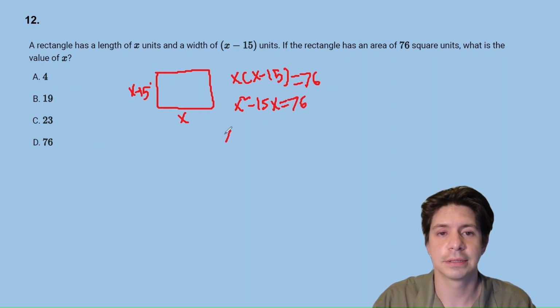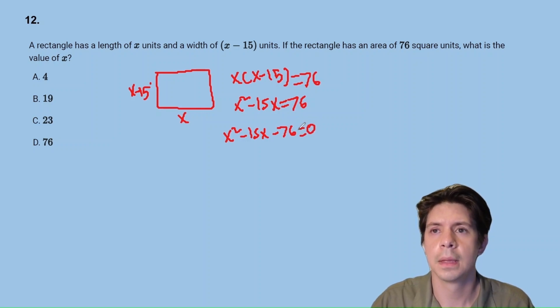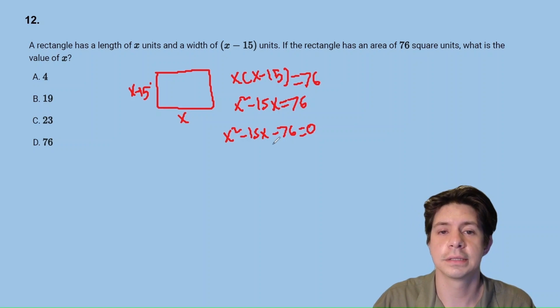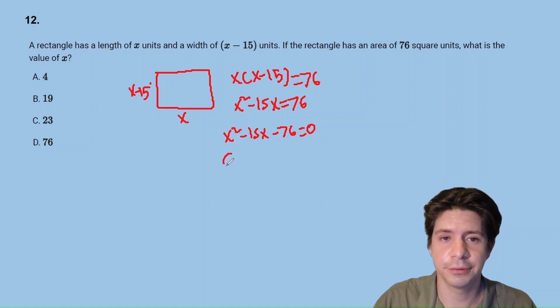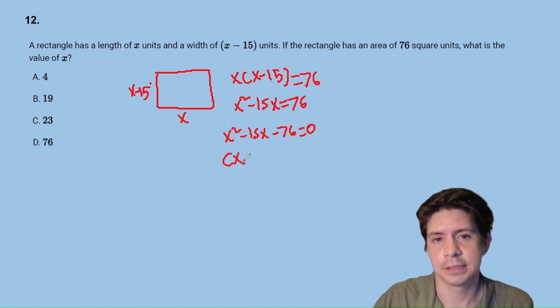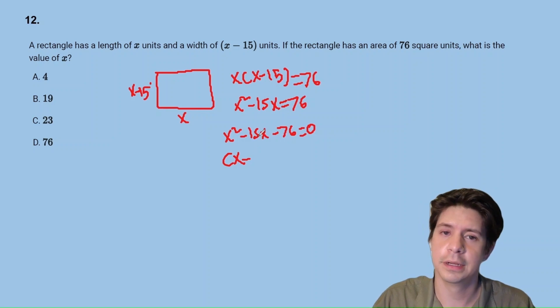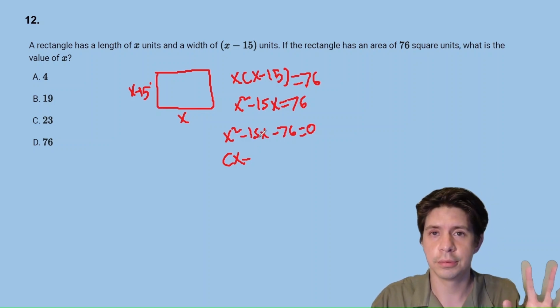We're going to add 76 to both sides. We're going to get x squared minus 15x minus 76 equals 0. And then that's going to give us, when we factor, right, x minus something that multiplies to 76 has a difference of 15, right? Does anyone know?